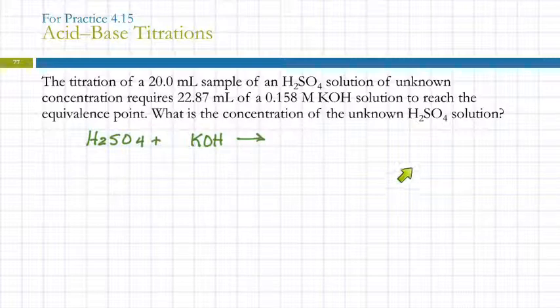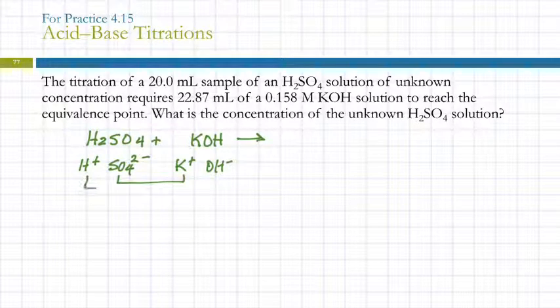We're going to predict the products, though, by looking at an exchange of ions. So it's helpful to write the ions with their charges down below. And we're going to swap partners. We should end up with water, which we do. There's H plus and OH minus, so there's our water.